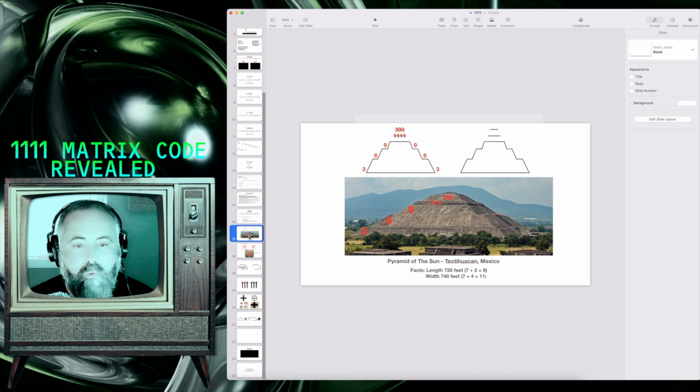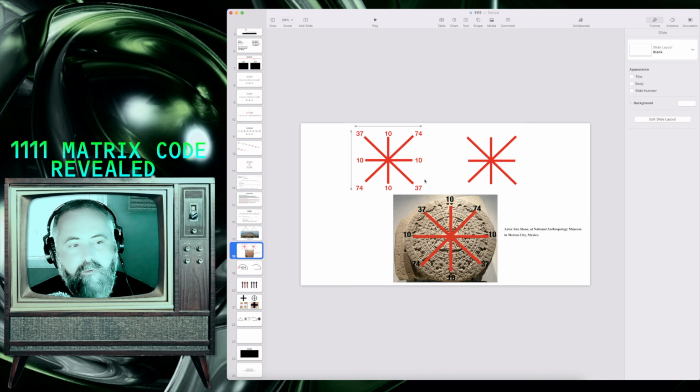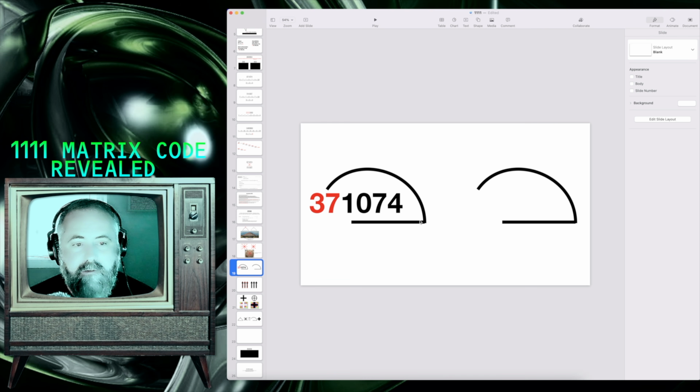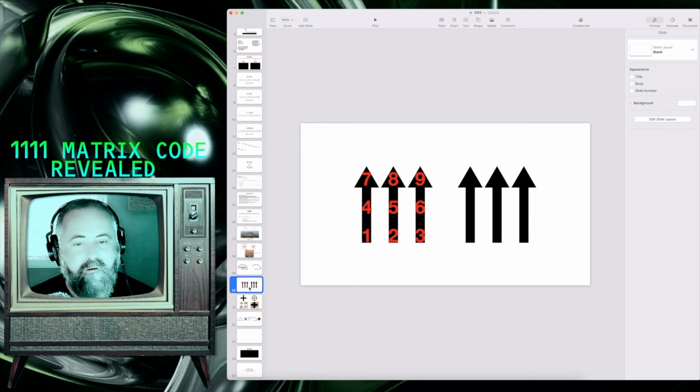We had the one that was generated from the pyramid of the sun. We had the one that was generated from the Aztec sunstone. We had the one that was generated from the actual code itself that looked like a setting sun. We had the one that was generated from the last numbers and all those digits that went 369, 258, 147, which seemed to represent 3 arrows pointing up to the sun.